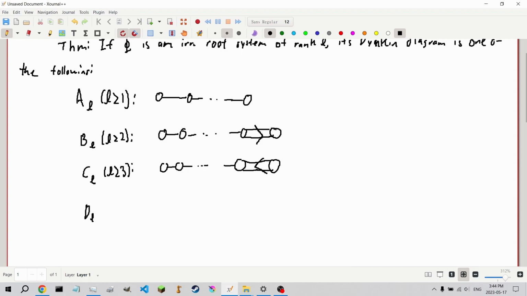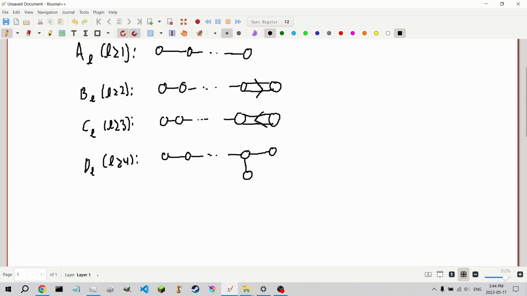We have D_L, which has to be of order at least 4. Once again it looks just like A, except at the end we have the second branch here. And then we have E, which comes in three forms.